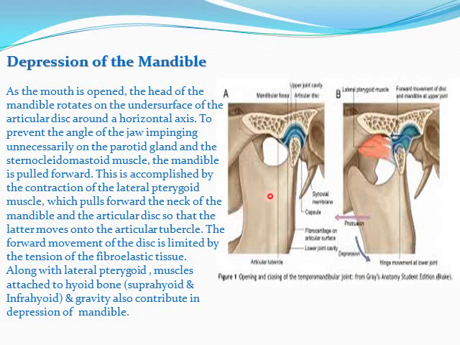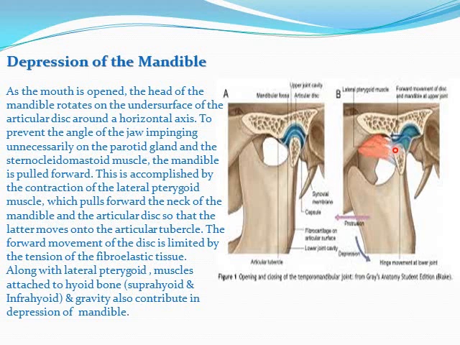So the first step in the depression of the mandible is the rotation of the head of mandible under the surface of the articular disc around a horizontal axis.